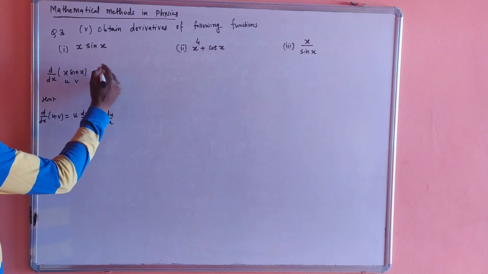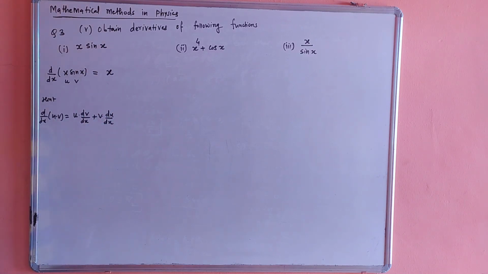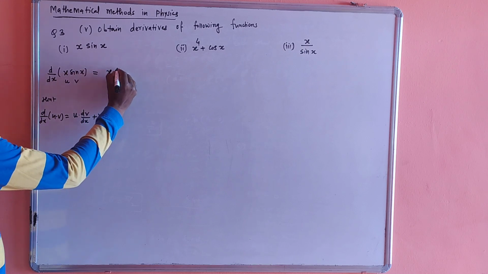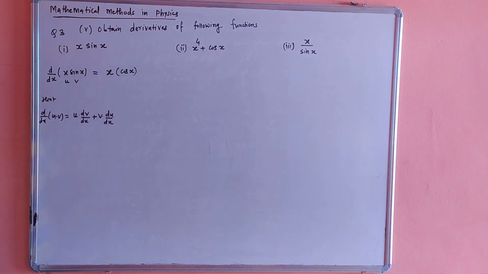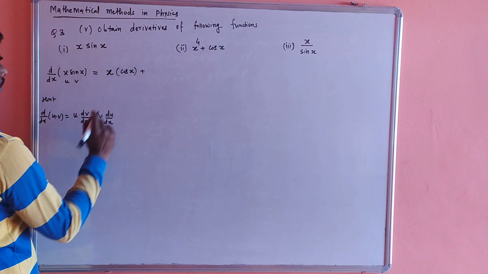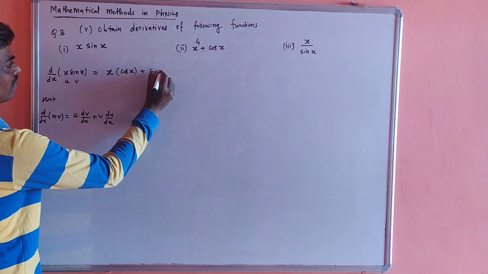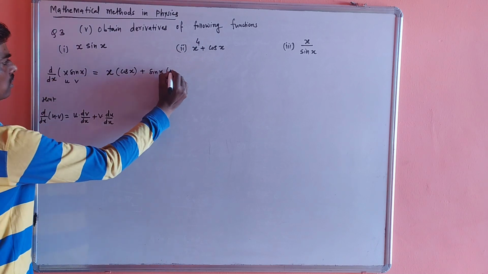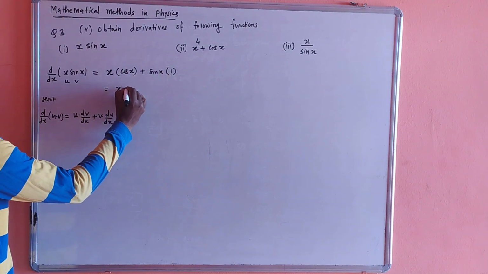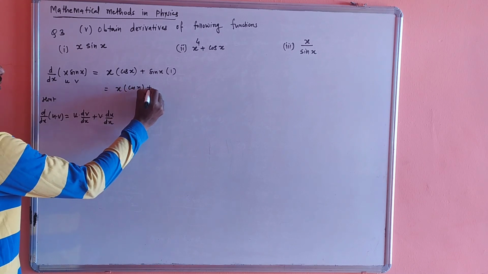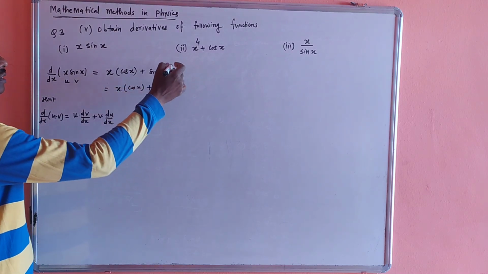So u is x, the derivative of sin x becomes cos x, then v is sin x and the derivative of x becomes 1. So your final answer becomes x cos x plus sin x.